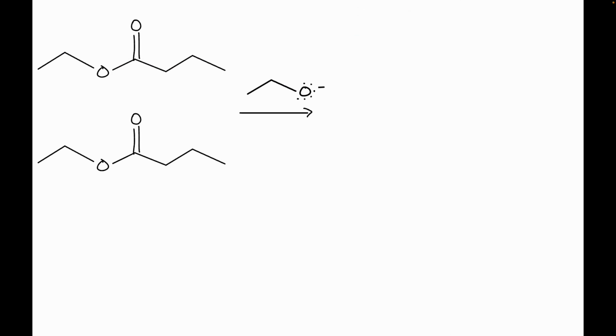All right, so first of all, for the base, we're going to use the ethoxide ion, our 2-carbon alkoxide ion, because our ester is a 2-carbon ester. And we're going to be reacting the alpha carbon of 1 with that electrophilic carbonyl carbon of its neighbor. All right, and you could just give me the product.